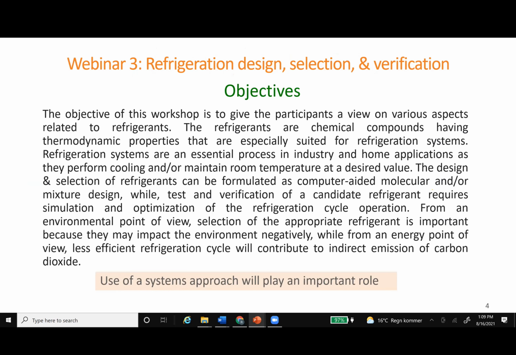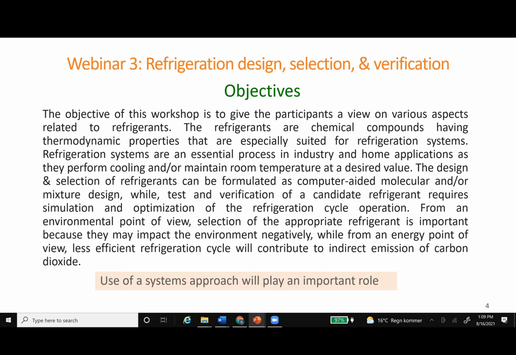Refrigeration systems are an essential process in industry and home applications, as they perform cooling and or maintain room temperature at a desired value. The design and selection of refrigerants can be formulated as computer-aided molecular design and or mixture design, while test and verification of a candidate refrigerant requires simulation and optimization of the refrigeration cycle operation.